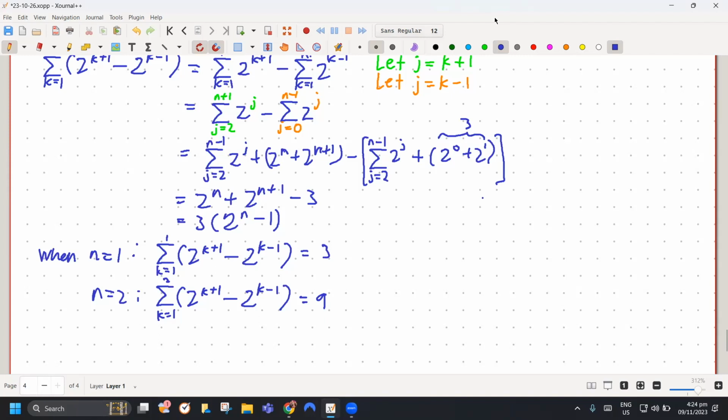So that means the 3 times 2 to the n minus 1 is actually valid for n equals 1 onwards, not just for the derivation. Write the 3 times 2 to the n minus 1 on the right, and write n is greater than or equal to 3.